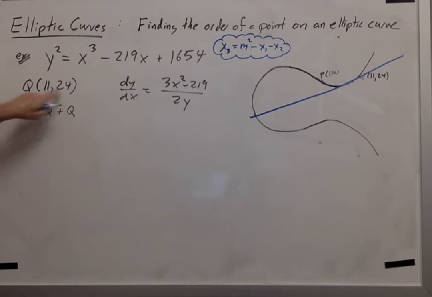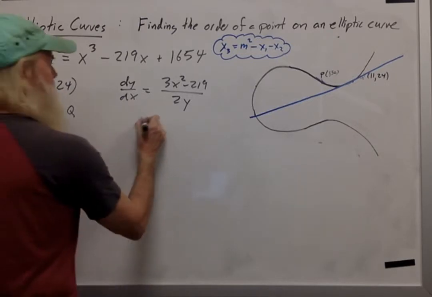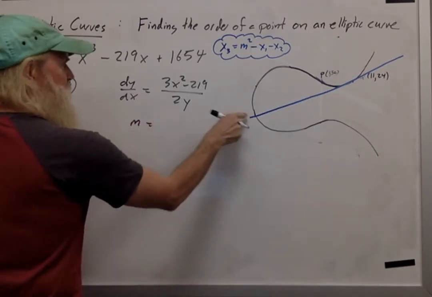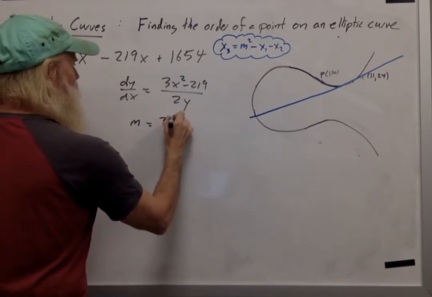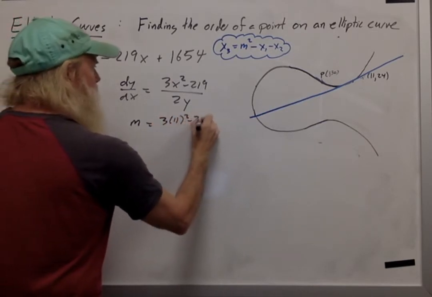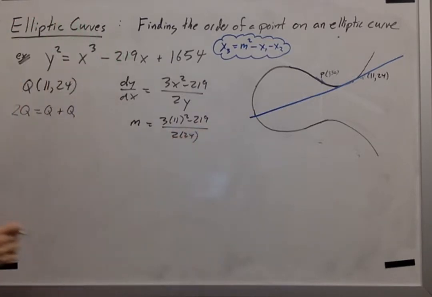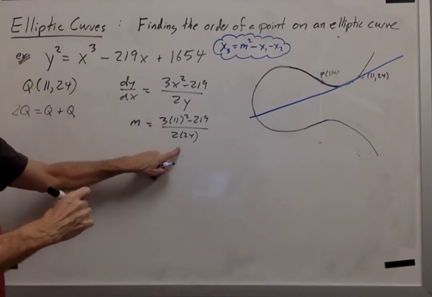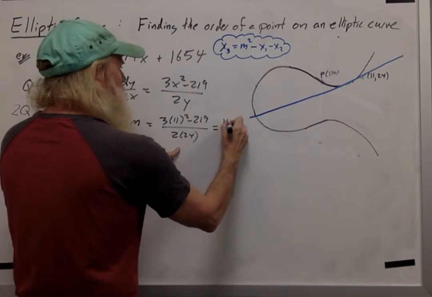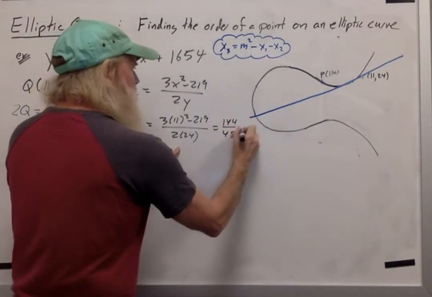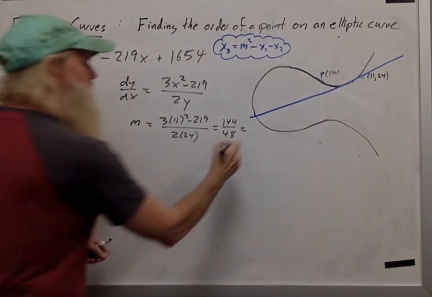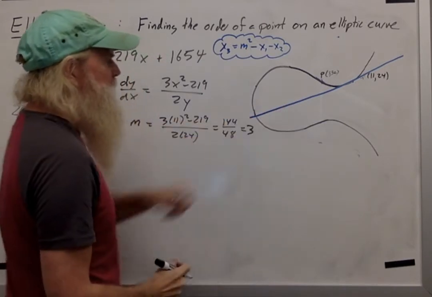And then we can substitute (11, 24) into that. So the slope of this tangent line is going to be (3 times 11 squared minus 219) over (twice 24). If you simplify that, let's see what we get. Looks like 144 over 48, which is 3. So the slope of this tangent line is 3.